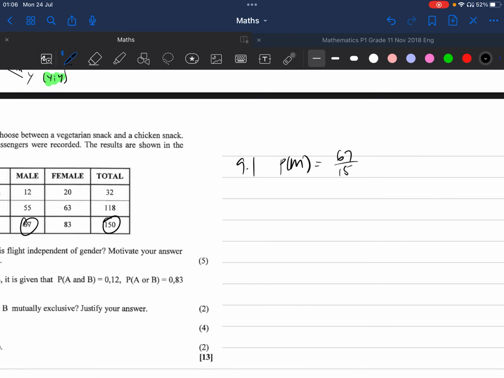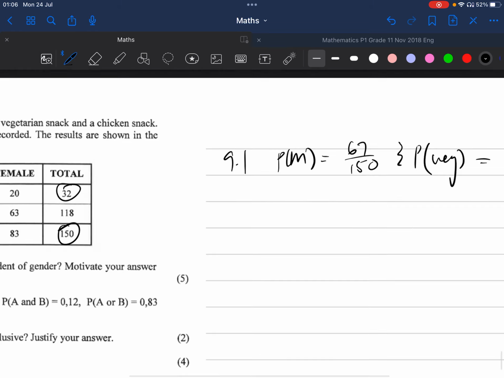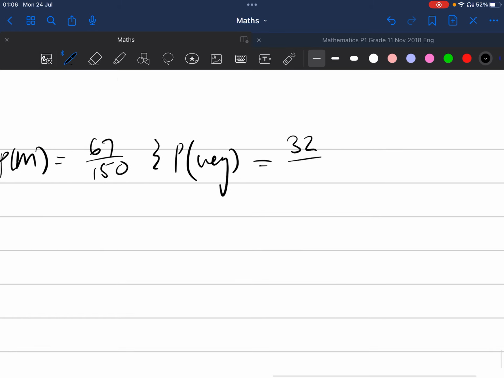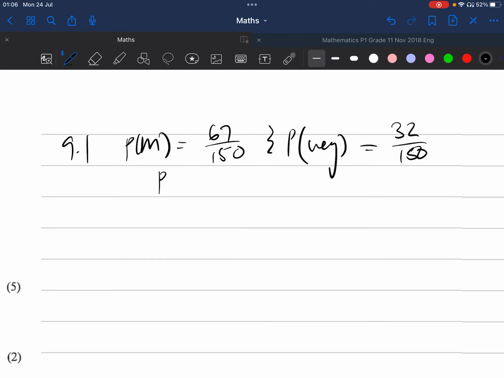The probability of taking a vegetarian snack was 32 over 150. Now the product of those two, the probability of being male times the probability of taking a vegetarian snack, was 67 over 150 times 32 over 150.